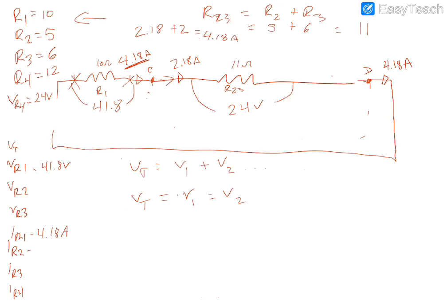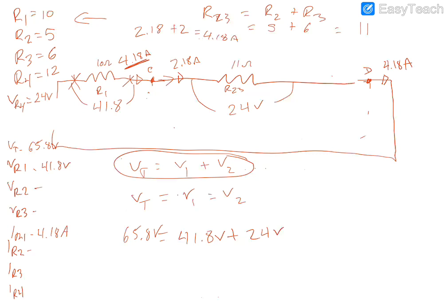We would then use the series circuit formula and go 41.8 plus 24, and that would give us 65.8 volts. That is our total voltage.